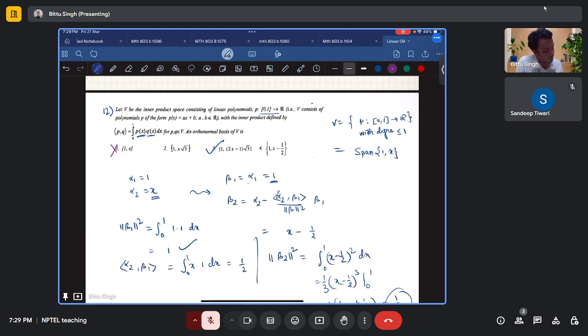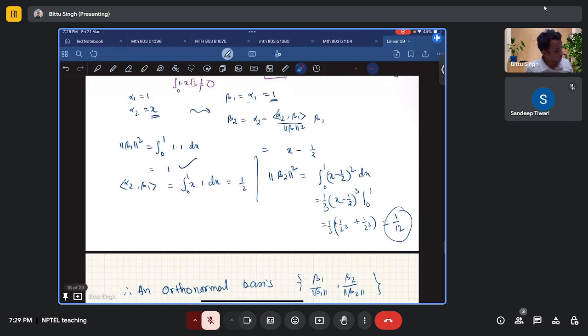And here, the norm is okay, but if you just integrate, that will not give you 0. So the inner product of those two things is not 0, they are not orthogonal. Similarly here, the norm of x minus half is actually 1/12.